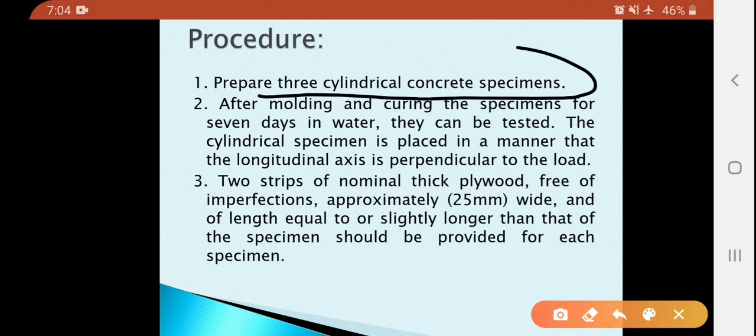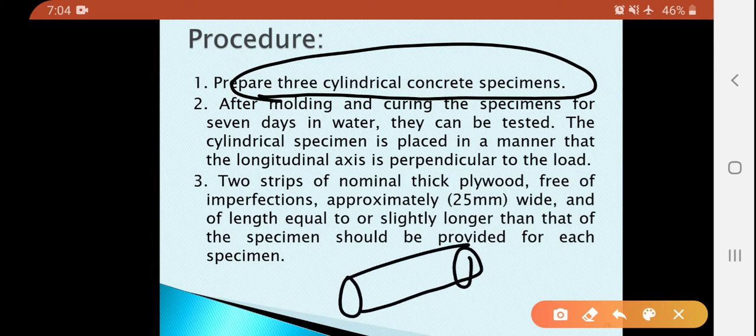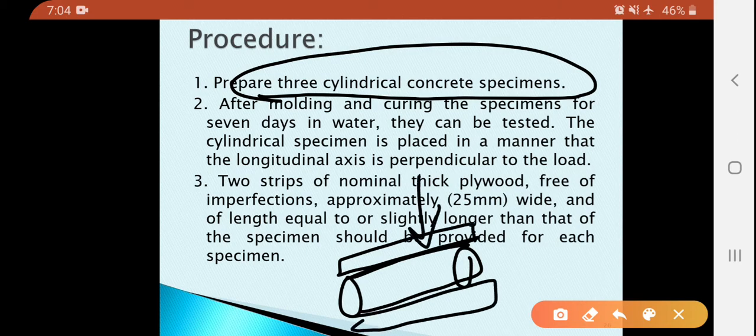Prepare 3 cylinder concrete specimens with the dimensions of 150 diameter and 300 length. After molding, keep it for curing, which is mandatory. With the help of thick plywood, we are placing it over and below the surface of this mold, and we are applying a compression load.